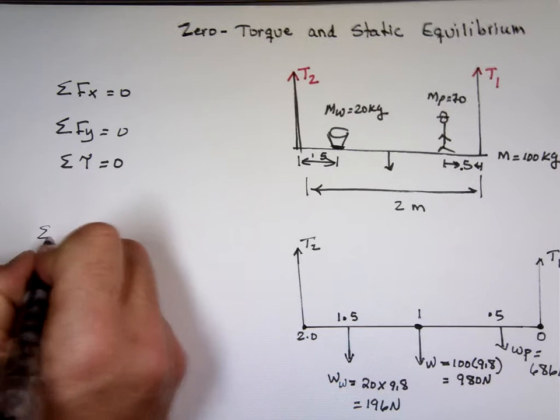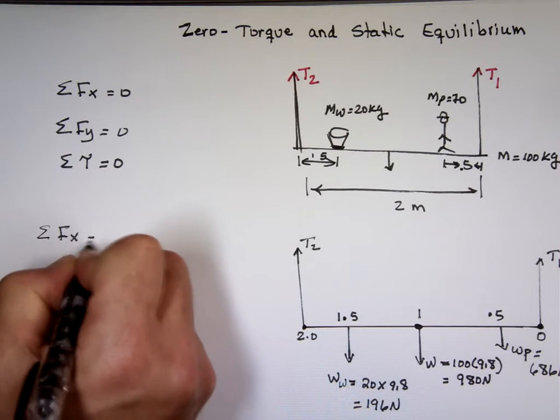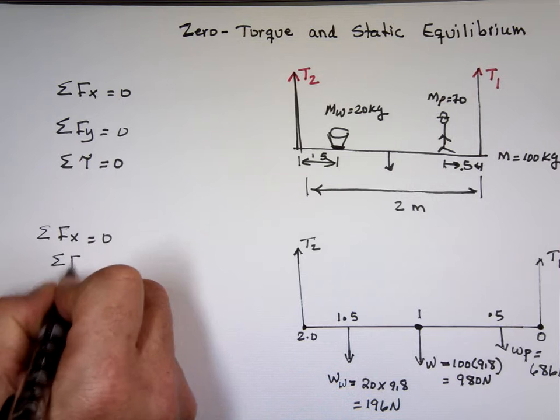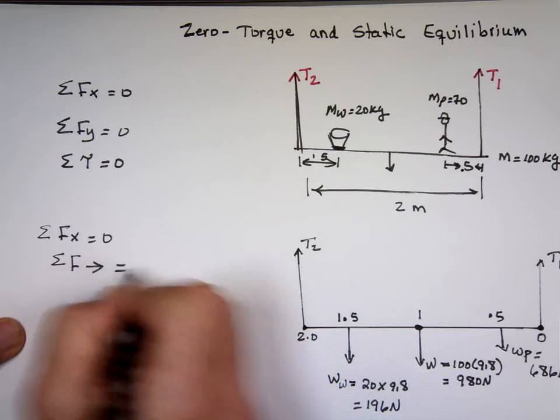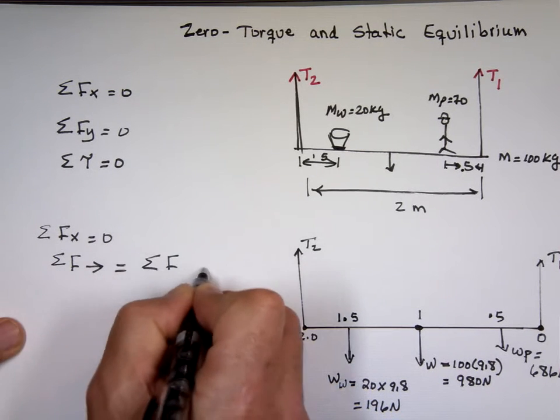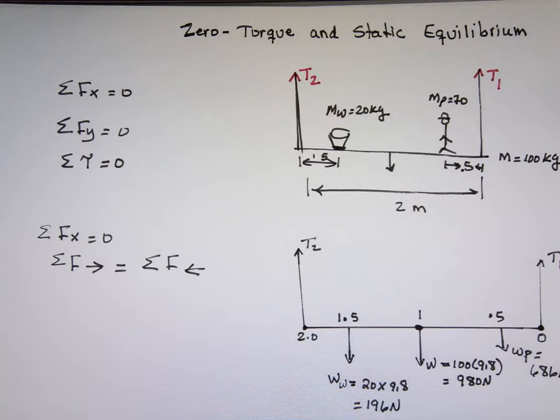Sum of the forces in the x direction is 0, which means all the forces pointing to the right should equal all the forces pointing to the left. What do we have pointing to the right and left? Nothing in this example. I'll give you one where you have force left and right, but not here.